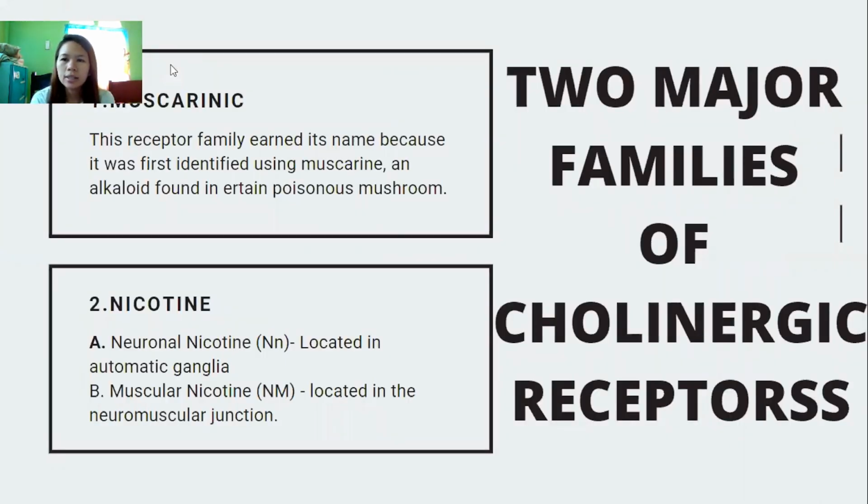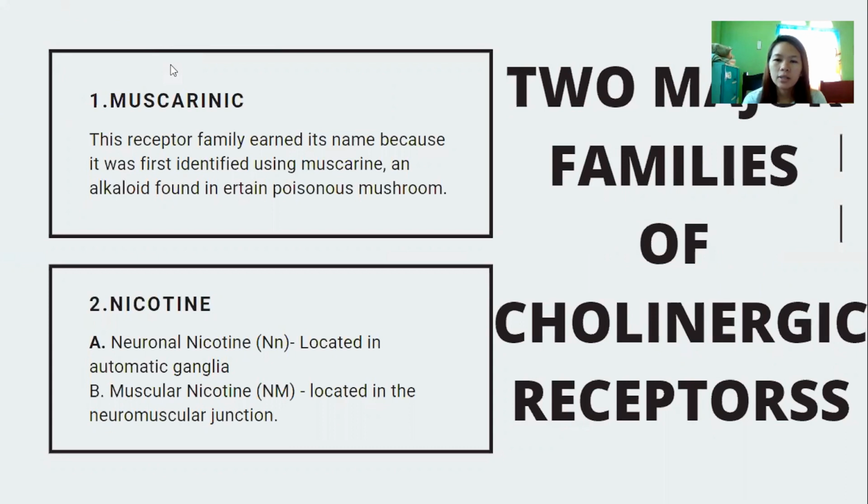So these are the two major families of cholinergic receptors. First is muscarinic. This receptor family earned its name because it was first identified using muscarine, an alkaloid found in a poisonous mushroom.